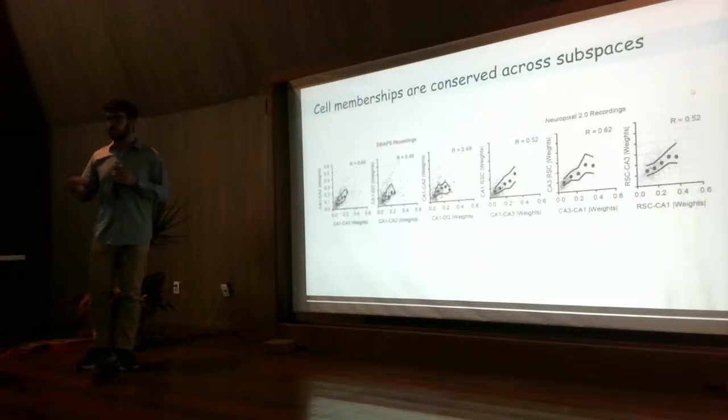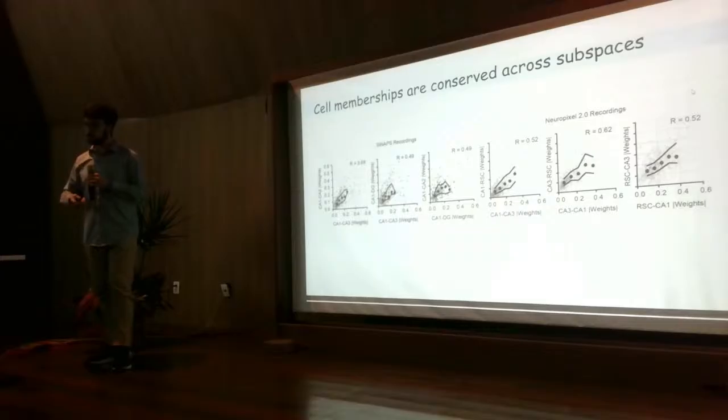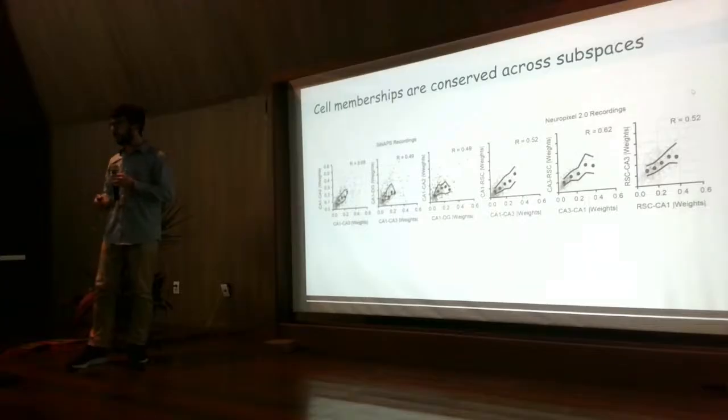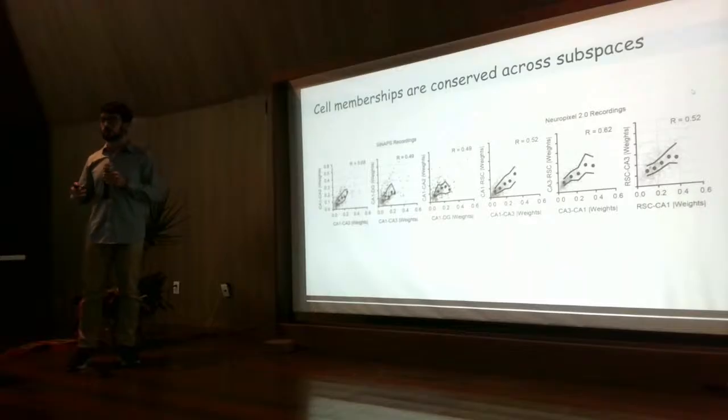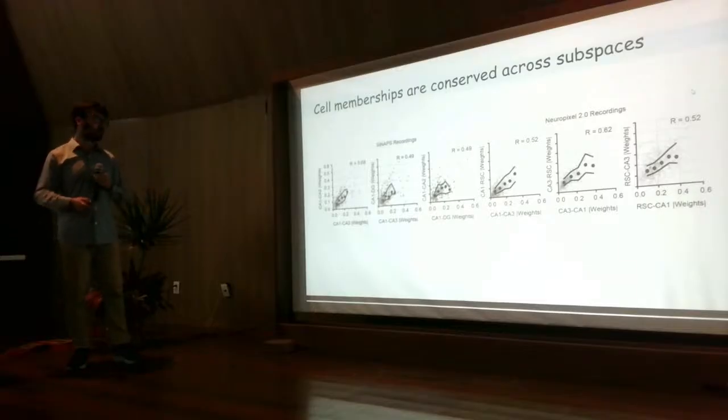So the first result that we got, or the first thing that I tried to do, is to quantify the number of significant subspaces using surrogate methods. This is similar again to the cell assembly detection protocols that Adriano and Vitor developed a long time ago.